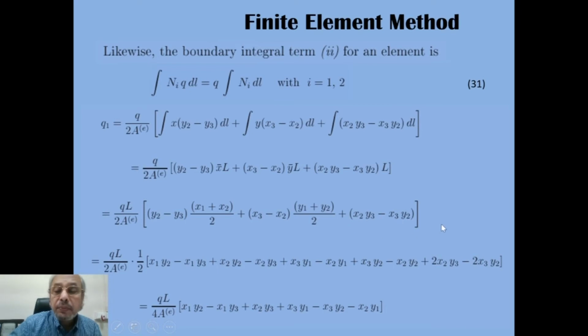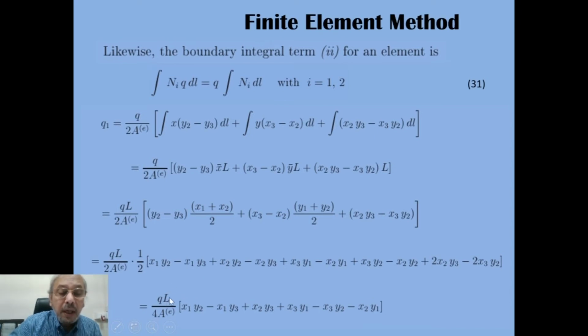Then we perform this integration, and having carried out this algebra, we get Q into L.